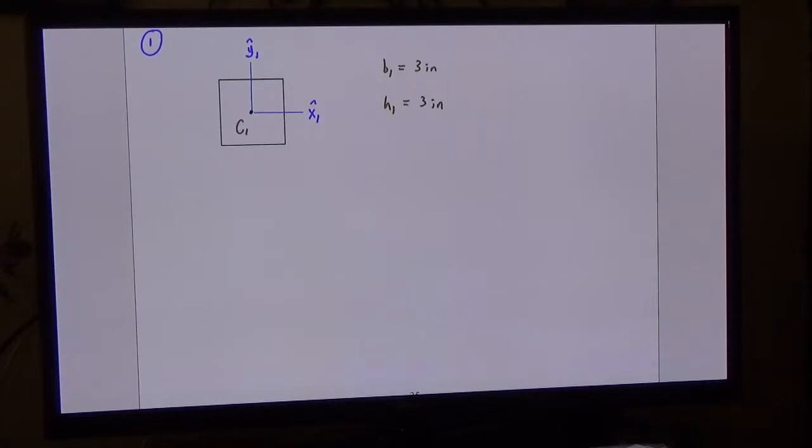Once I have this, I like to calculate 4 quantities. I want to specify the centroid, the area, the moment of inertia about the centroidal x, and the moment of inertia about the centroidal y-axis. There's a reason I do each one of these things, and it'll become clear later on when we put all the information together.